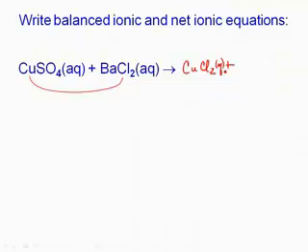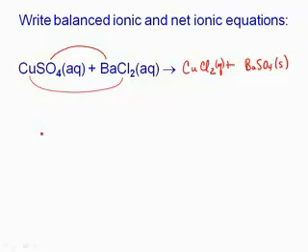And then barium will combine with the sulfate. And if I check the solubility table, barium sulfate is not soluble, so it will be a precipitate. Looking at this, it is actually balanced as it is. So now I'm going to look and find my strong soluble electrolytes.